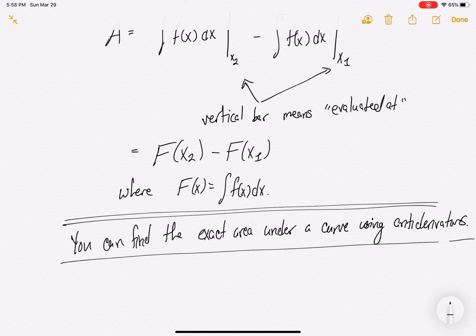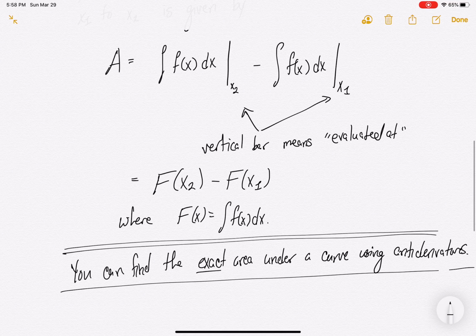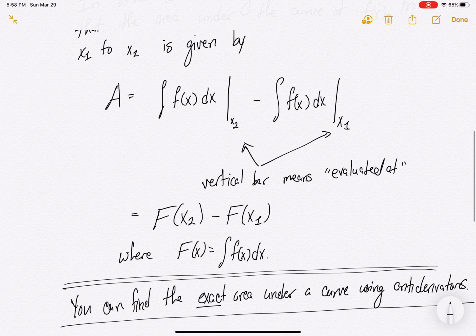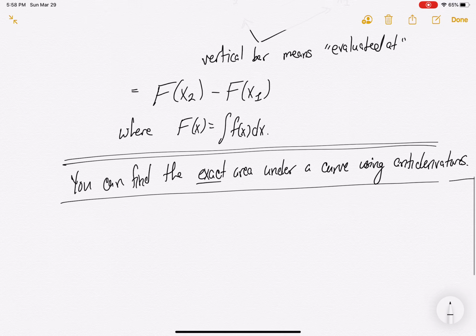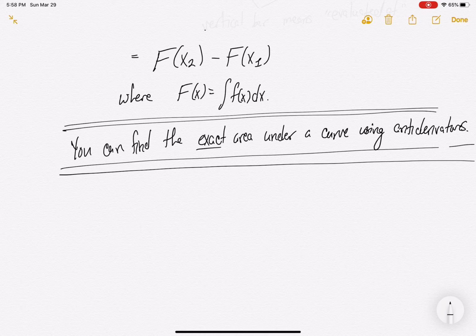And this is really the layman's version of the fundamental theorem, is this last line. You can find the exact area under a curve using antiderivatives. And it's really a fascinating concept. I'll give you a quick intuition as to why, but a lot of you probably don't care too much. I care, so that's why I'm going to give you the quick intuition.